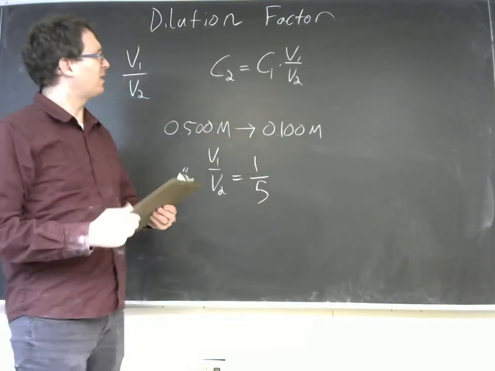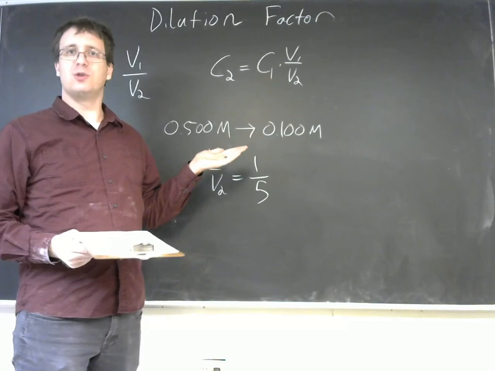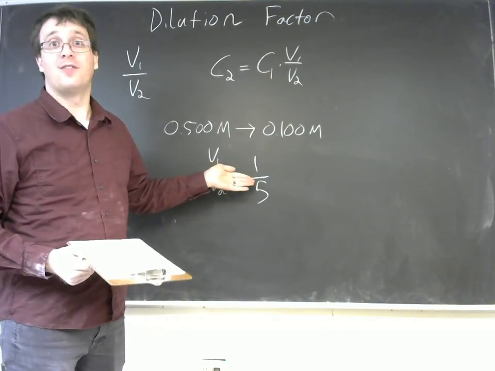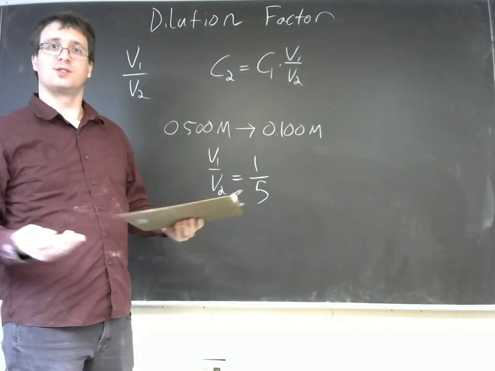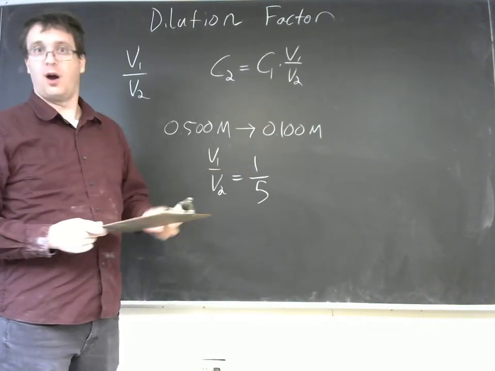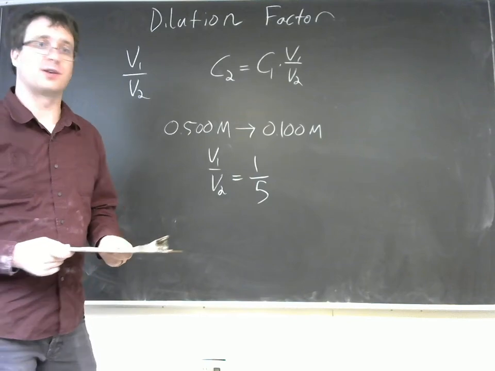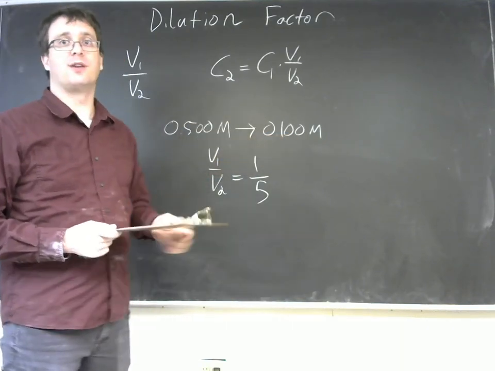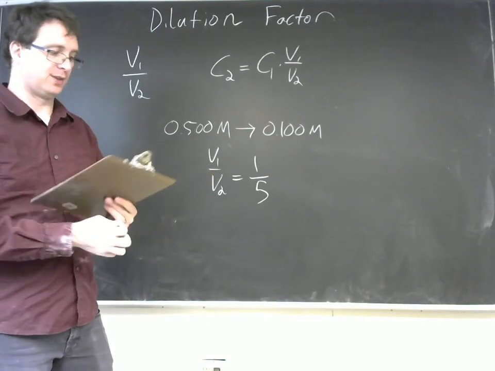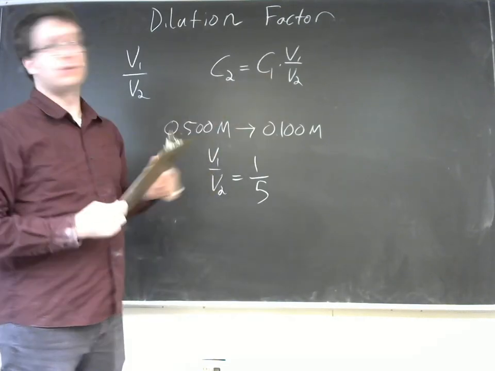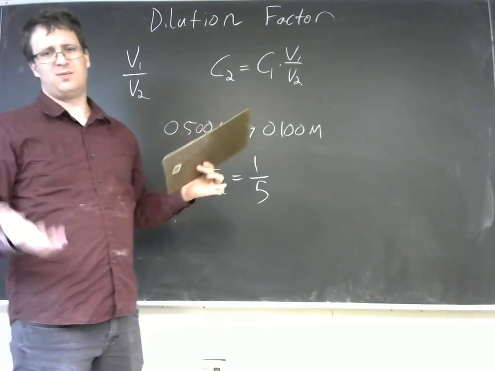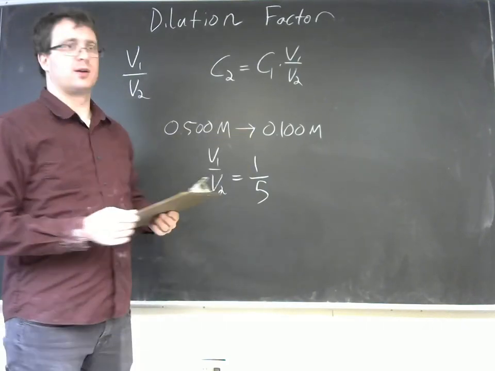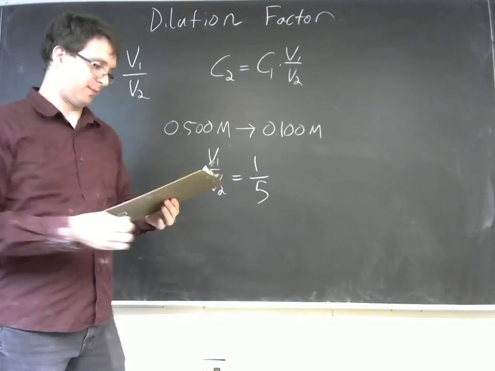And that means that whatever volume you want, you're going to have to use 1/5 of that volume in the stock concentration. In our earlier problem, we used 50 milliliters of the stock in order to make 250 milliliters of our target dilute concentration. So that is the dilution factor. It just is maybe a little bit more concise way to talk about dilutions.